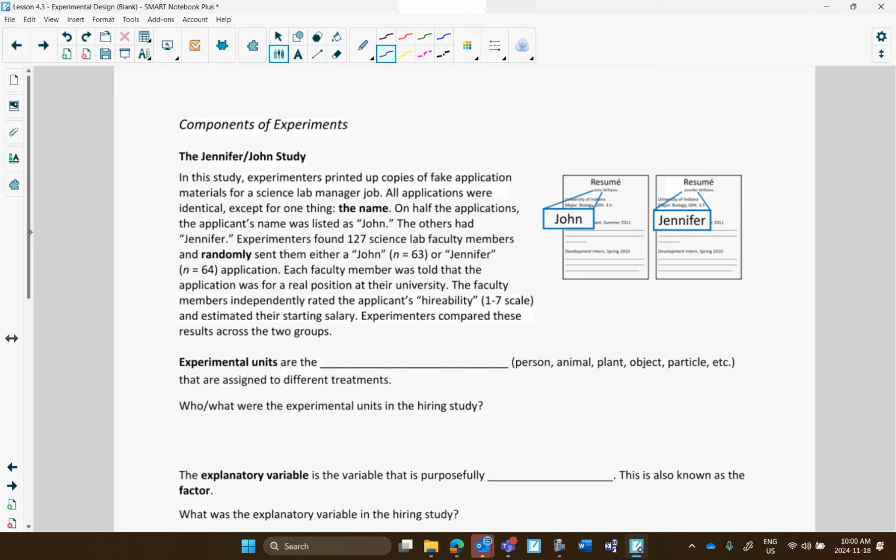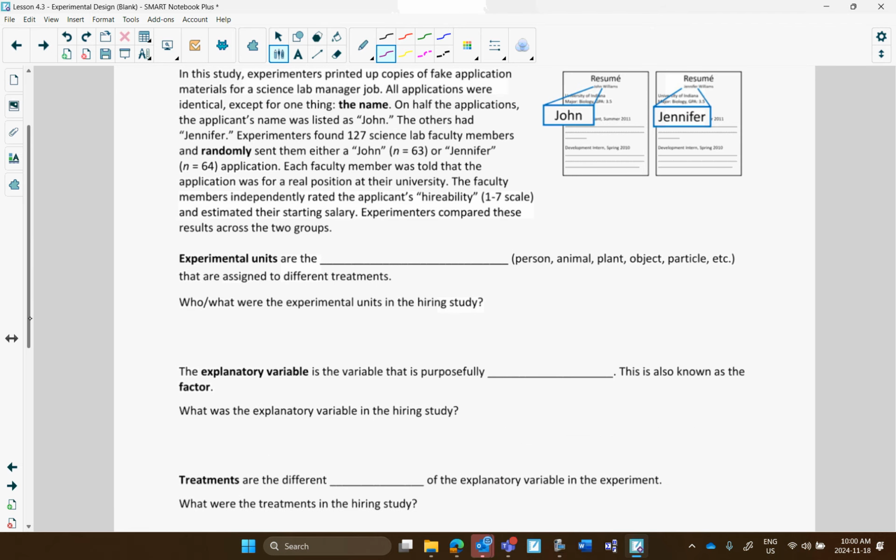So a few vocabulary words. Experimental units. Those are the individuals, and by individuals, I don't necessarily mean humans. It could be any one of these. A lot of times, yes, people, but it could be animals, experimenting on rats, okay?